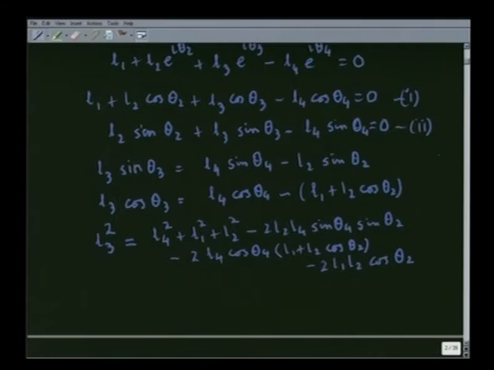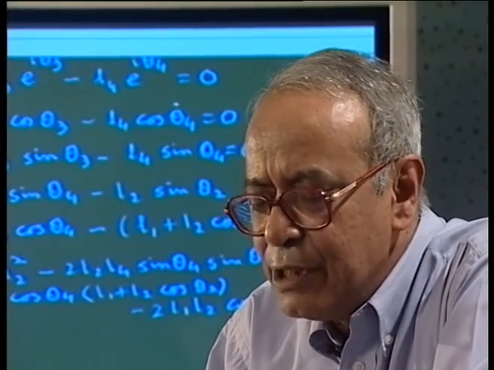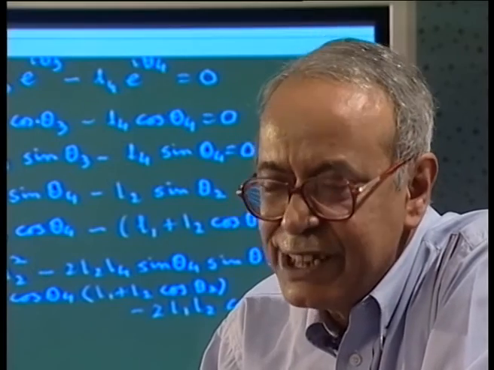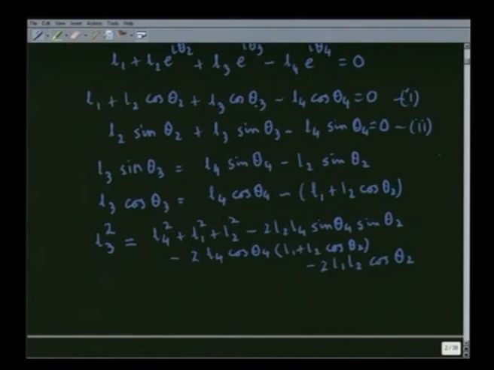You can see L3 and L4 are appearing in exactly similar way, only plus and minus. So, when we have eliminated theta 3 and obtained theta 4, following exactly the same procedure, I can eliminate theta 4 and obtain theta 3. We have to remember that L4 has to be replaced by minus L3, rest of the solutions remain as it is.